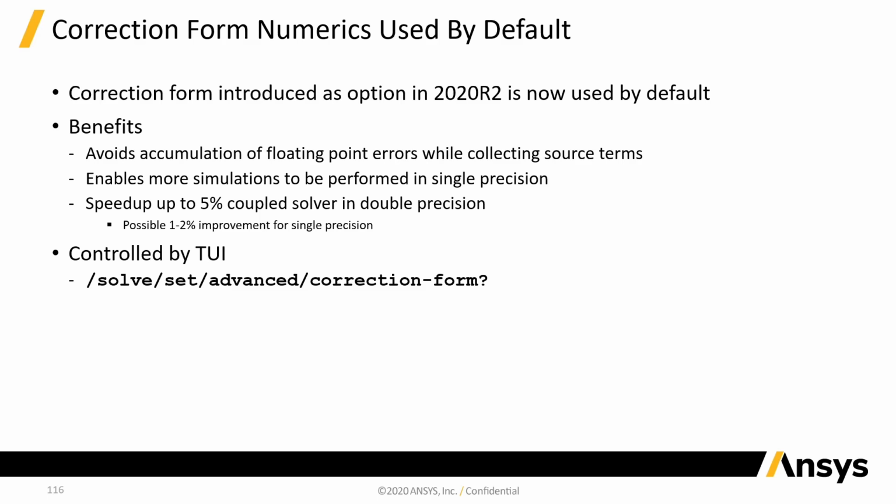By doing that, this can avoid accumulation of rounding error, and therefore it can allow you to run more calculations in single precision. On modern chips, running single as opposed to double can give you a very large speed up, almost 50% in some cases. So that is on by default now and is the standard.